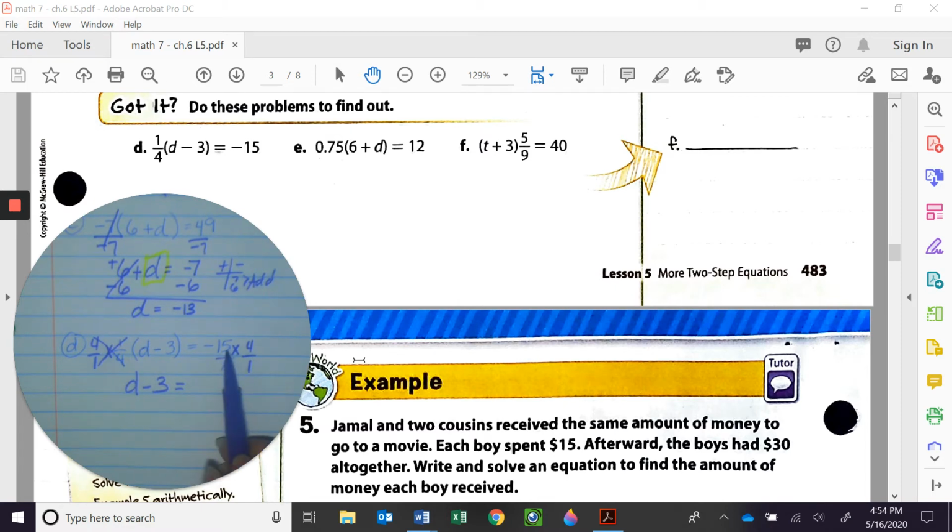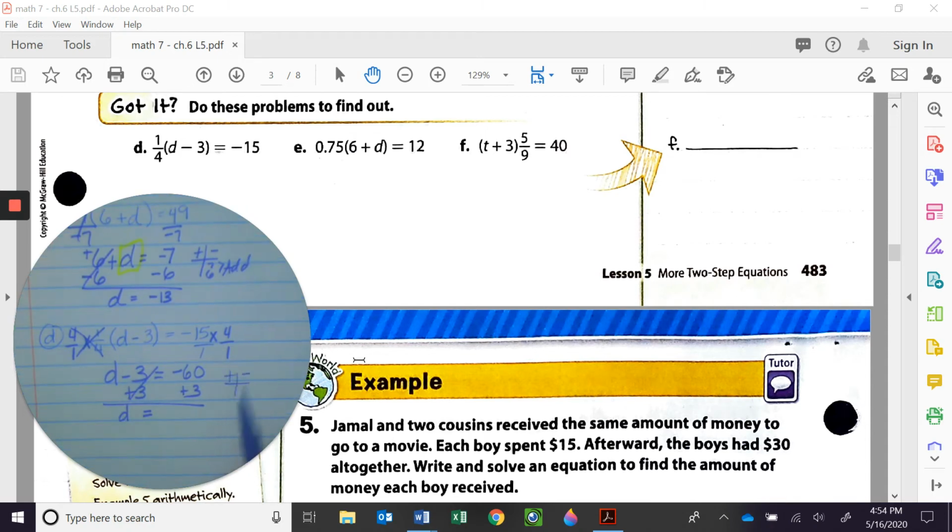So 15 times 4, that's 60, and there's 1 negative, so it stays negative, and 1 times 1 stays 1. Then we can add 3 to both sides to get the letter D by itself. Use your t-chart. When 1 is negative and 1 is positive, we subtract. So we get 57. And because 60 is bigger, it's negative 57.